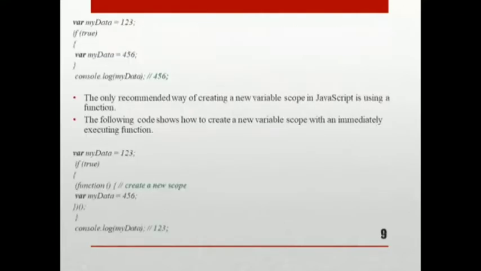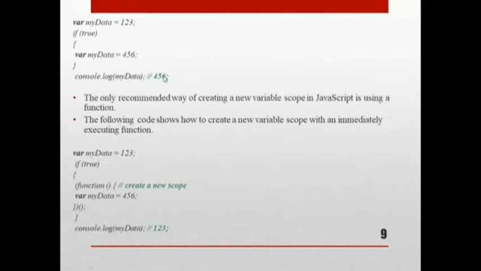Okay, see the example for this here. Variable myData is equal to 1 2 3. That myData variable consists of the value 1 2 3. If it is true, then variable myData is equal to 4 5 6. So we are going to print console.log of the variable myData. What will it print?